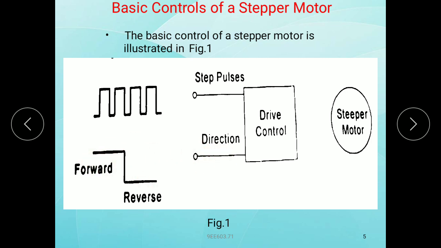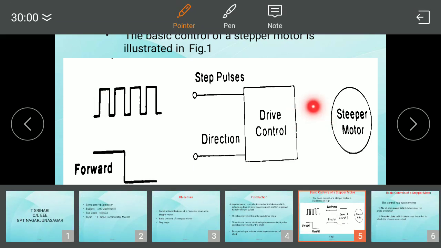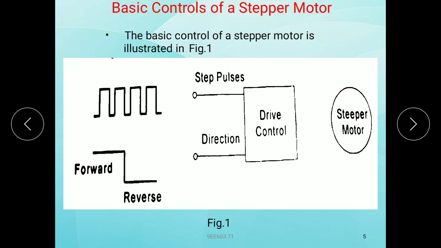When the pulses are taken from this terminal and we get the forward direction input signal, for every pulse the output is a shaft movement. So every pulse is a step. For example, one step this side, another step this side, another step this side. For every step pulse, it can move stepwise.